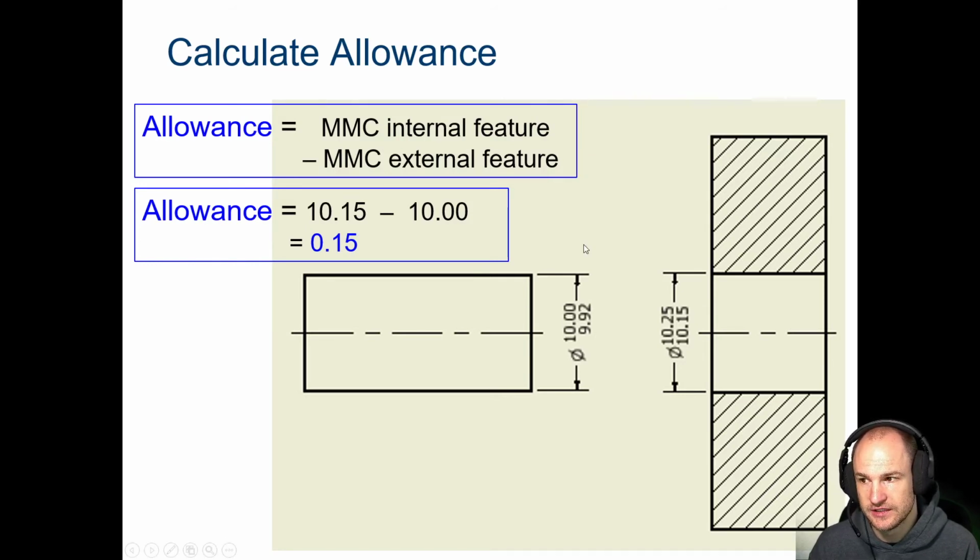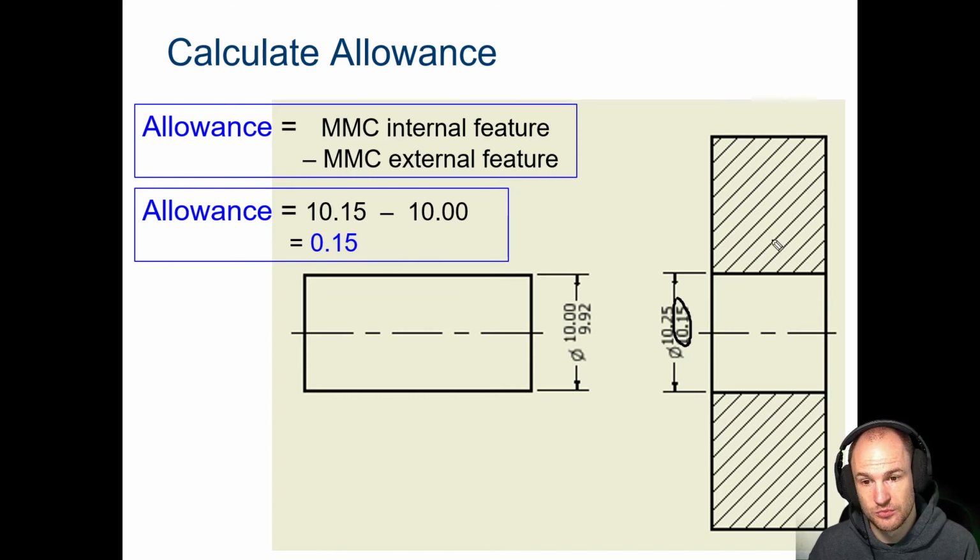So if we look at this, our maximum material condition of our internal feature, get my pen out. So of my internal feature, this is the maximum amount of material, because a smaller number here means the hole is smaller. And since the hole is smaller, it means there's more physical material on both sides.